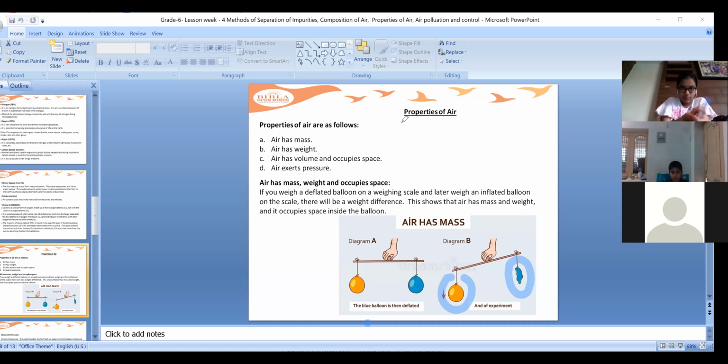The balloon which has weight bends here because it has some weight. So from this experiment, we come to know that air has some weight.